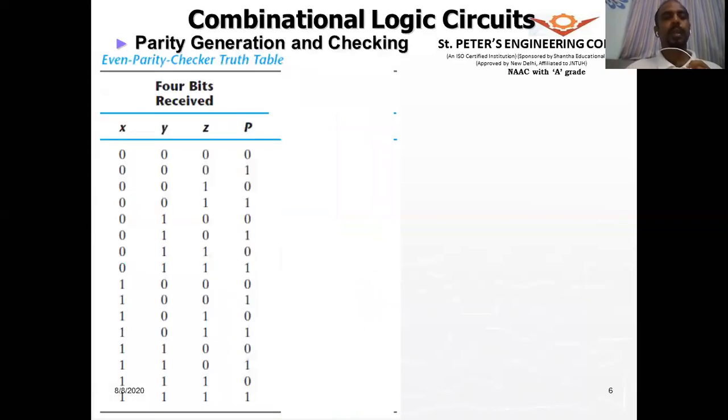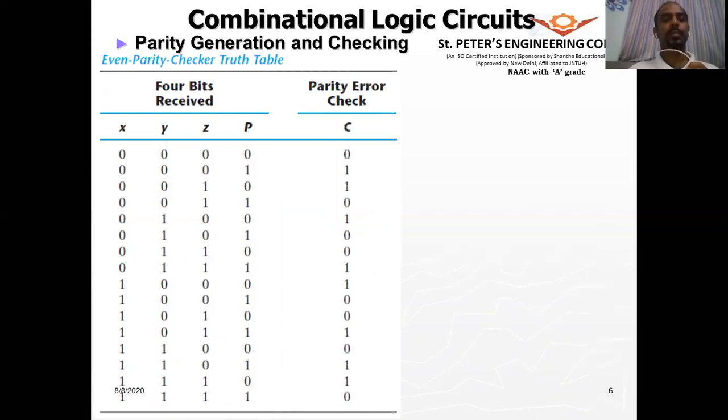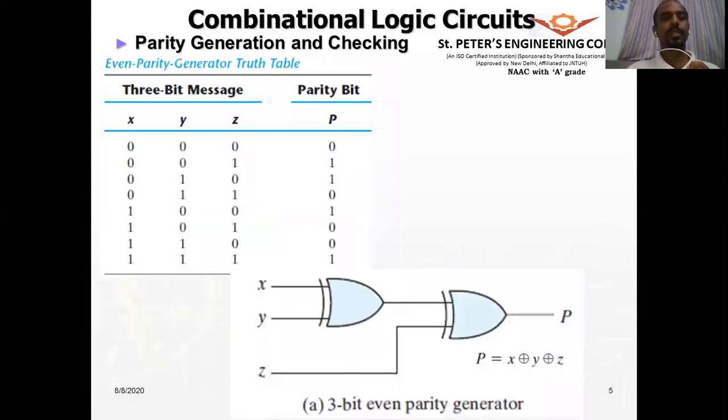Okay, next we'll do the parity checking. So how do we check? As we said, when the inputs are zeros, the parity bit will be 1. Okay, so that is not the condition here.